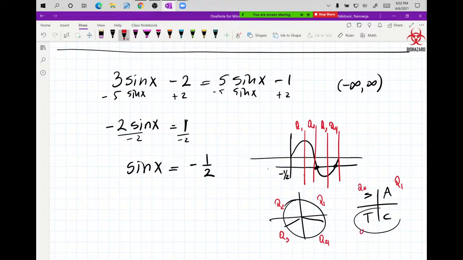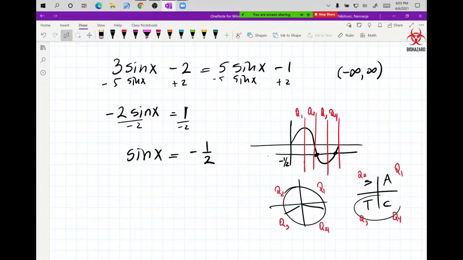Quadrant 2, quadrant 3, quadrant 4. So looking at the sine graph, you see that because the bump is on the positive side, your y values are all positive, then you see that you have all and sine are positive. And then sine is negative, which there is no S in the bottom of the chart.